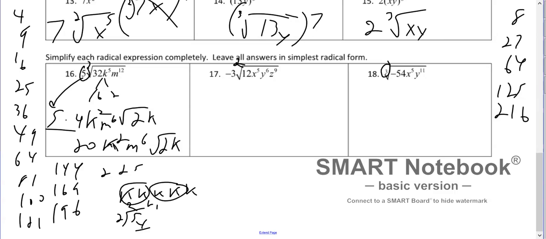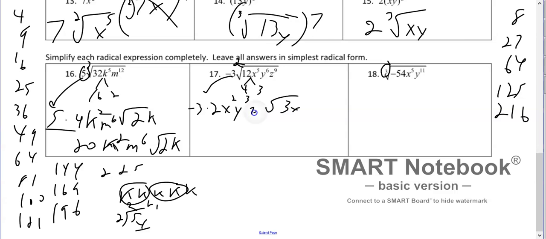Number 17. 4 and 3. Don't forget about this negative 3. Square root of 4 is 2. The 3 is going to be over here. X, 5 divided by 2 is 2 with 1 left over. Y, 6 divided by 2 is 3, no leftovers.